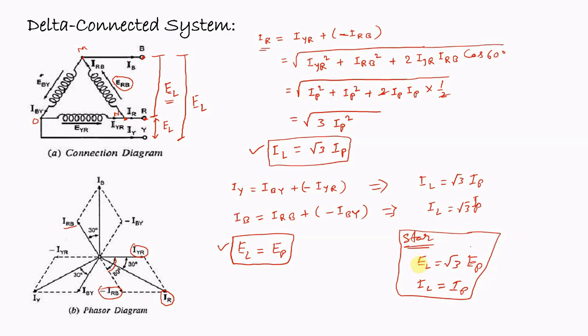So for a star connected system, the relation of the line voltage and the phase voltage, line current and the phase current, that I have already discussed. And here we have seen the relations between the line current and the phase current, as well as the line voltage and the phase voltage of a delta connected system.